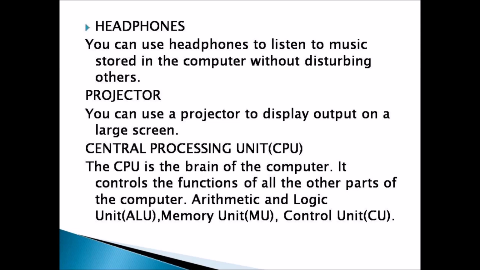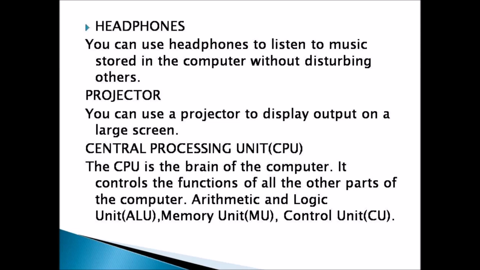Okay children, the CPU mainly consists of three parts. One is arithmetic logic unit, memory unit and control unit. The arithmetic logic unit does arithmetic calculations, which means addition, subtraction, multiplication and division. The second one is memory unit. Memory unit stores data temporarily or permanently.